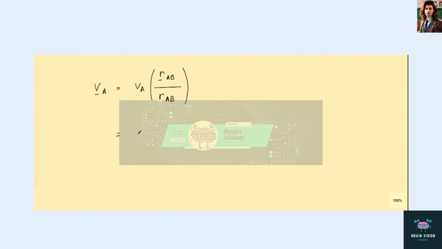The speed is 6 meters per second, all multiplied by RAB, which is (3 minus 2) in the i direction plus (3 minus 1.5) times unit vector j plus 0 minus 2 times unit vector k.